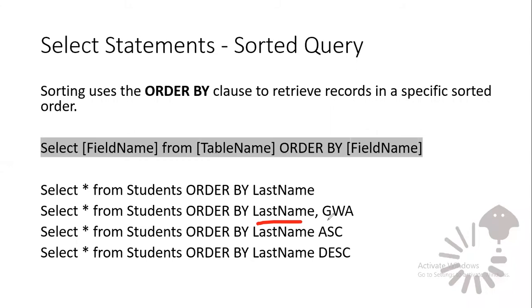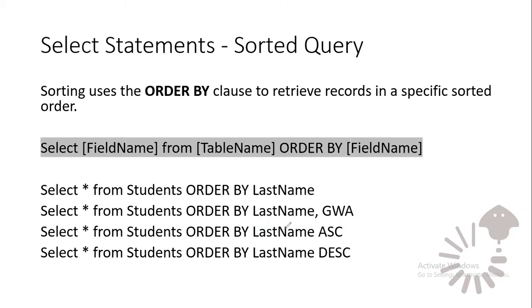Nakaset kasi na criteria, GWA. So, kung may magka-apelido, titingnan ko yung GWA, kung sino mas mataas na grade, siya yung mauna sa listahan. So, you can set multiple fields as your basis for sorting.